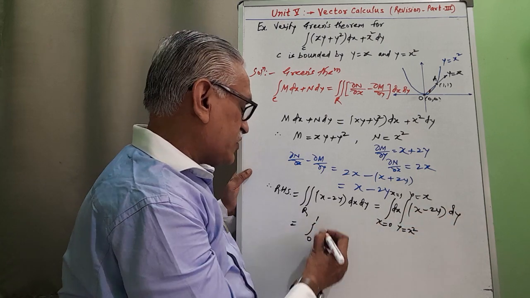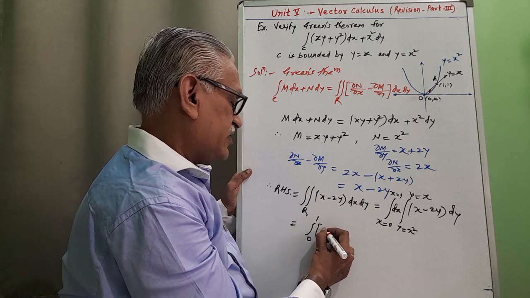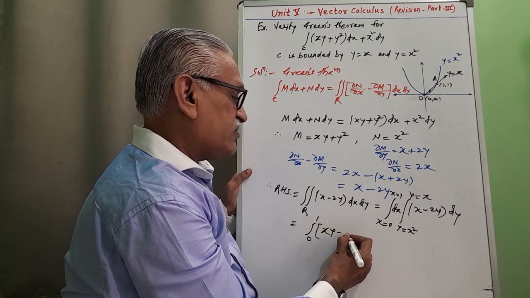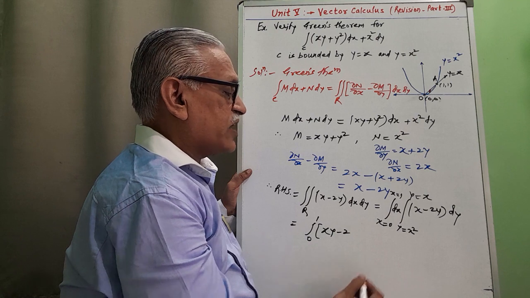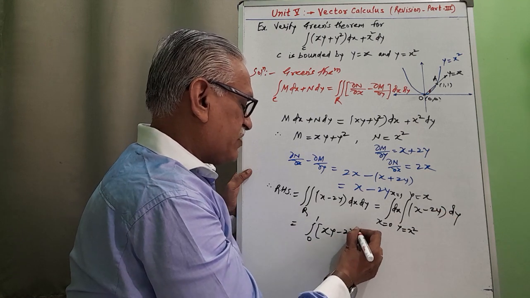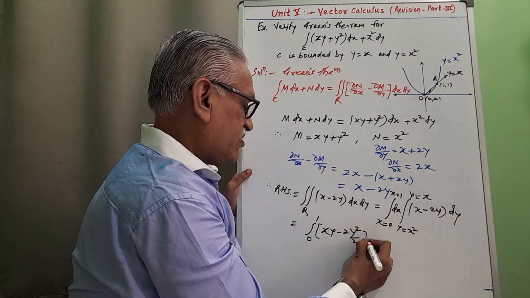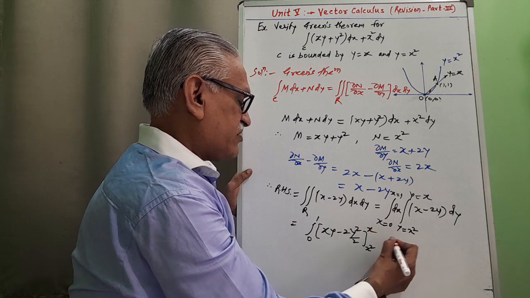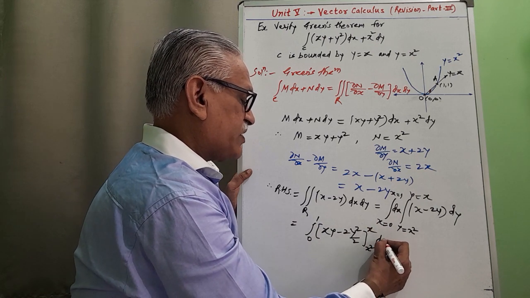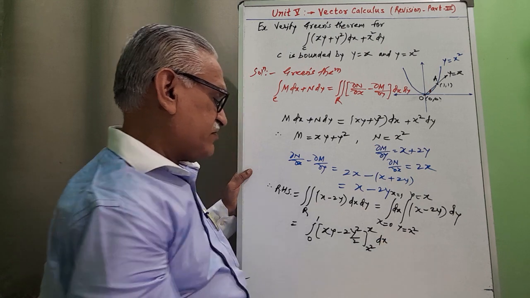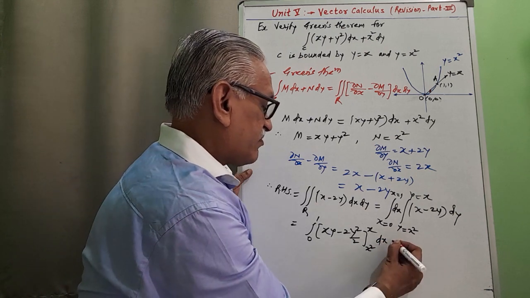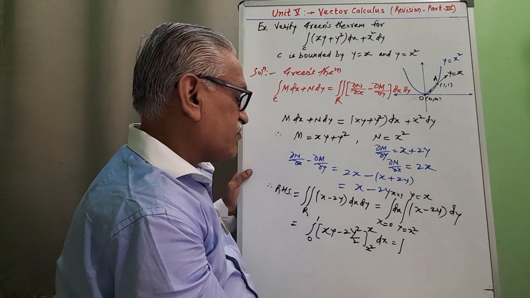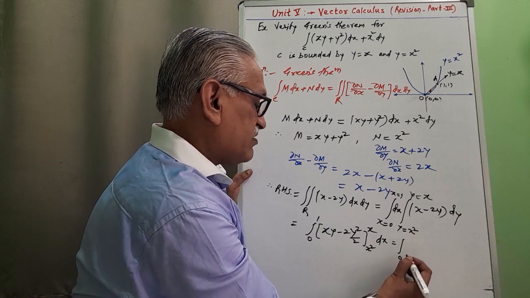Integrating this with respect to y, it is xy minus 2 times the integration of y, which is y square by 2, with limit from x square to x, and its integration with respect to x from 0 to 1.